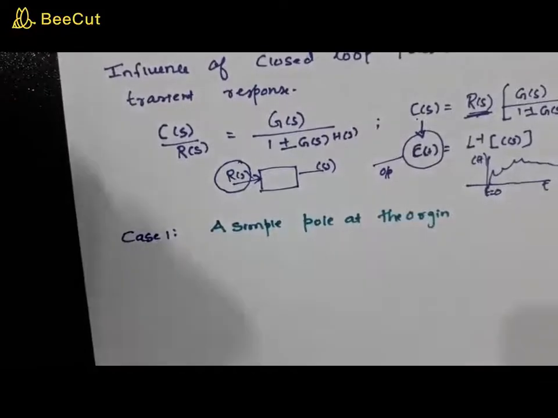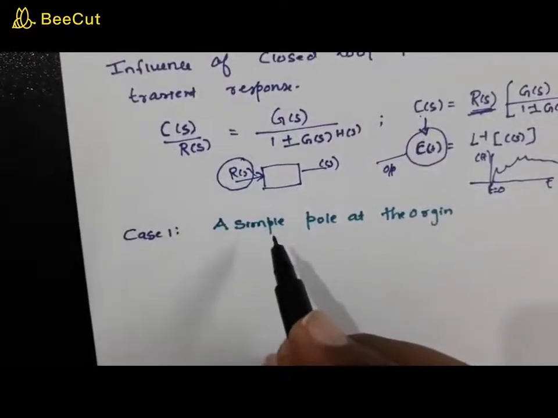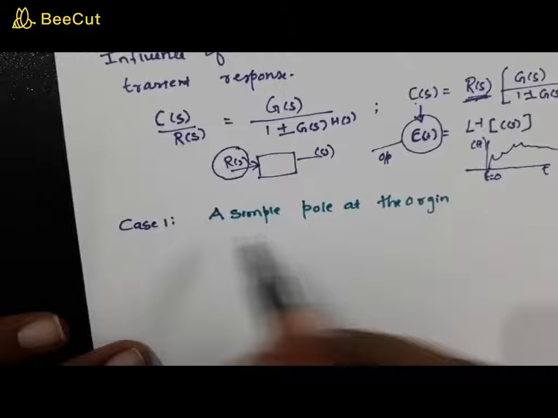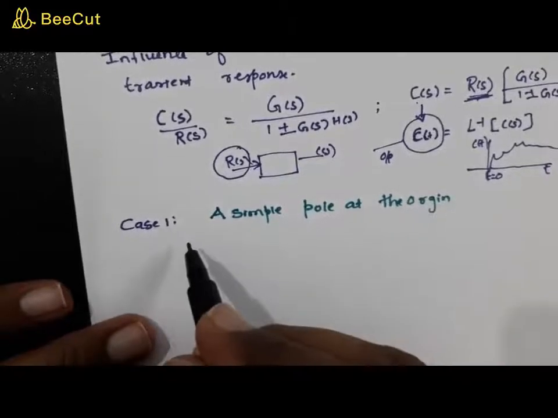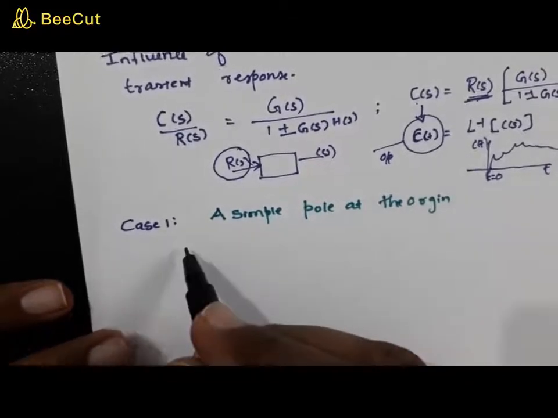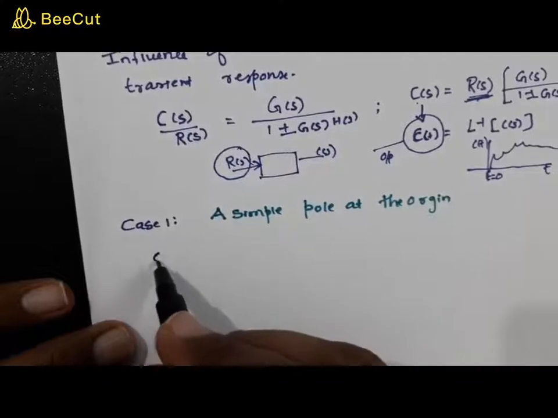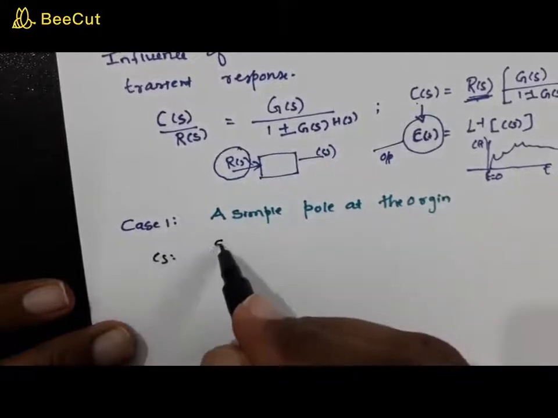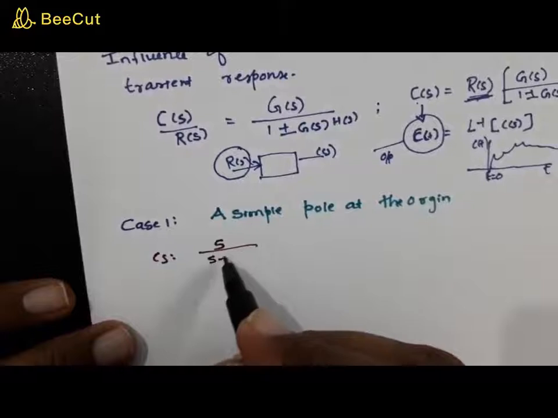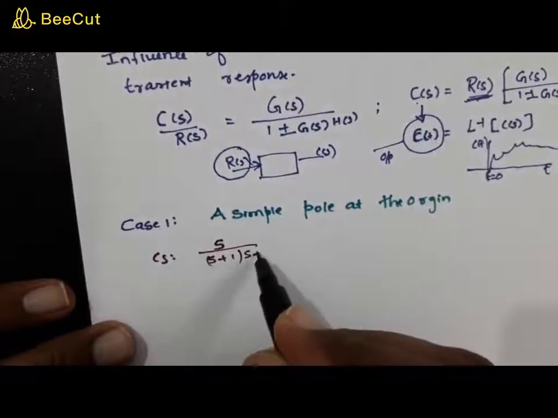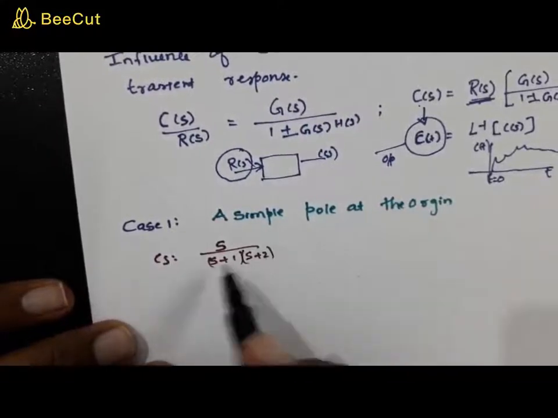Okay, so case one is a simple pole at the origin. I'll just give you an example of the meaning of a simple pole. Just consider an example, a function s by (s plus 1)(s plus 2). So we know what a pole is: equating the denominator to 0.